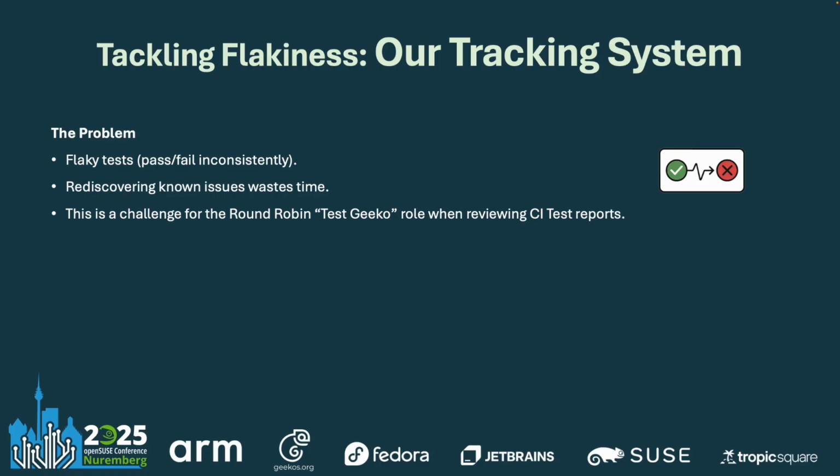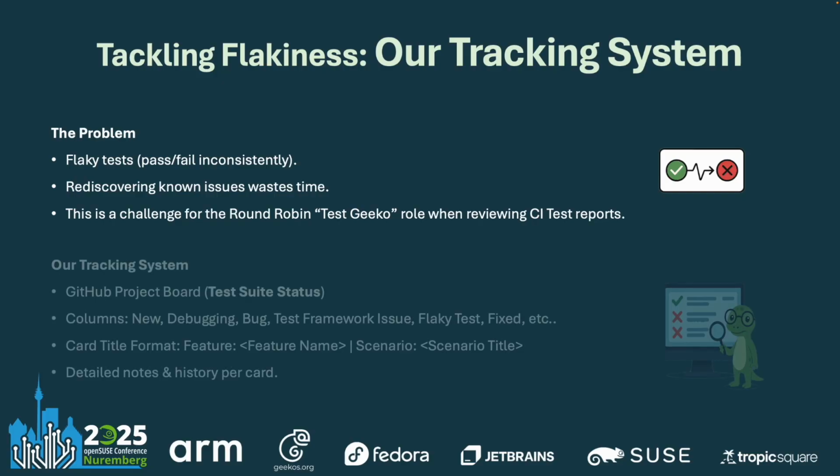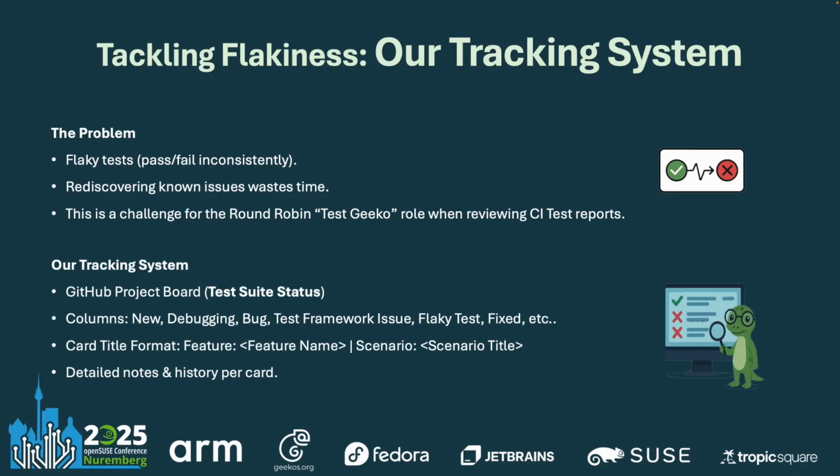So our first important step was to create a strong way to track these issues using a GitHub project board. This board, which we call test with status, has different sections, which are columns in fact.